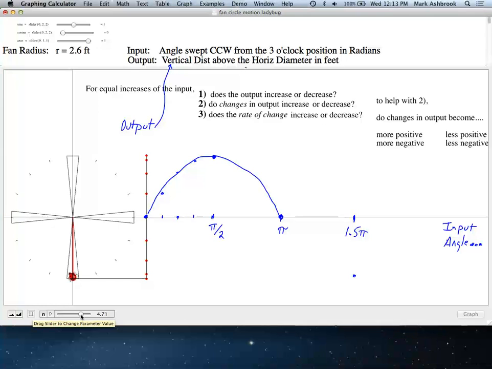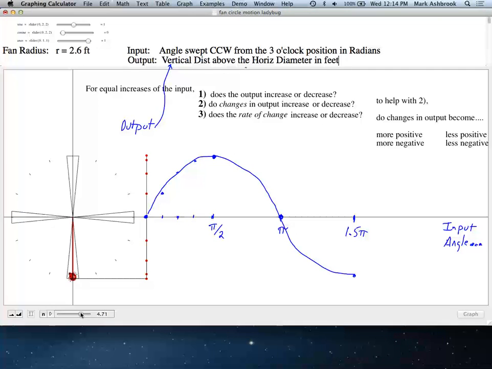Therefore, the changes are increasing. Even though the distance is getting shorter, those are negative changes. So those changes are increasing, and therefore the rate of change is increasing, and the graph is concave up in that third quadrant.